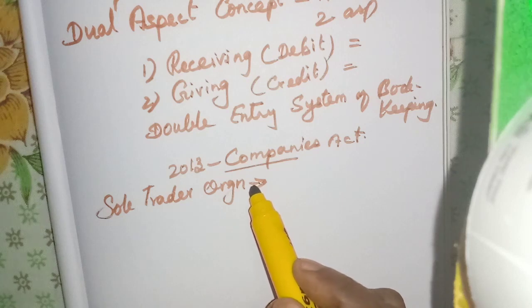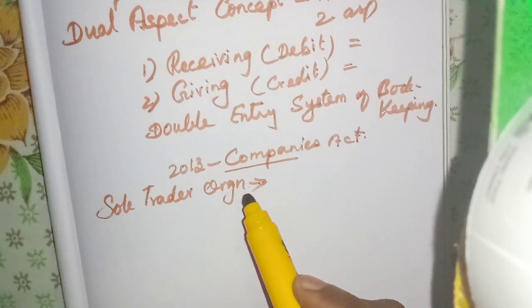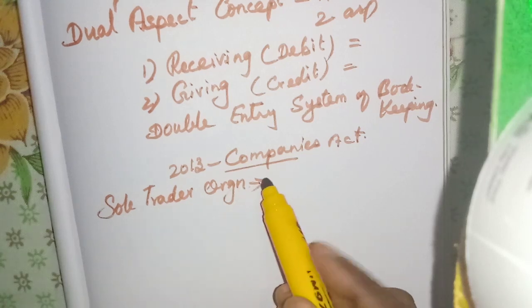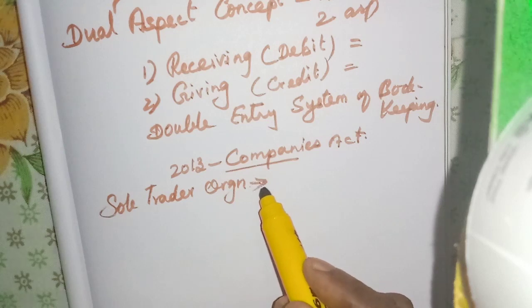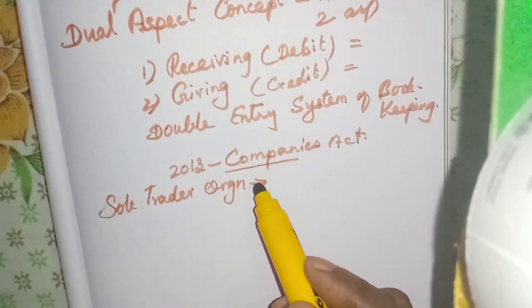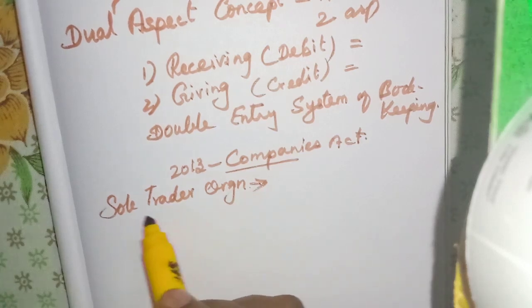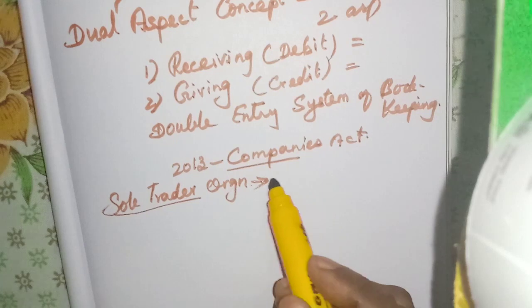He is the receiver and deliverer, the one who sells the goods, everything. Managing, taking risk and sharing profits, everything will be done by himself, the sole trader, isn't it?